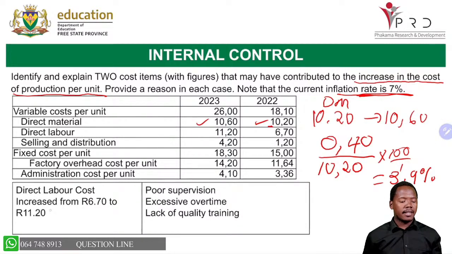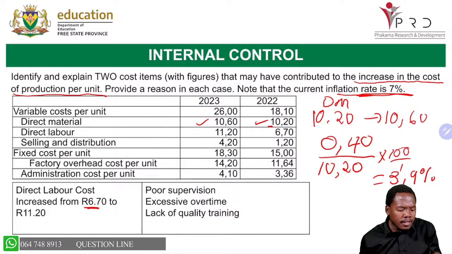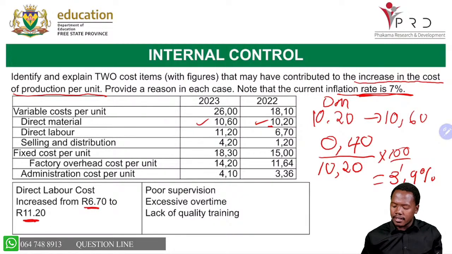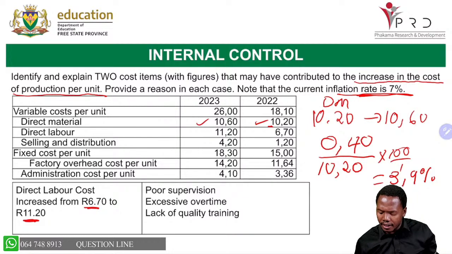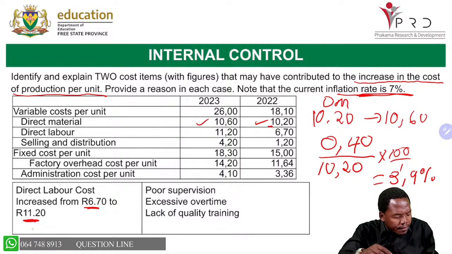Is the direct labor. Direct labor increased from 6 rand 70 to 11 rand 20. 11 rand 20 minus 6 rand 70 becomes an increase of 4.5. So it increased by 4 rand 50.